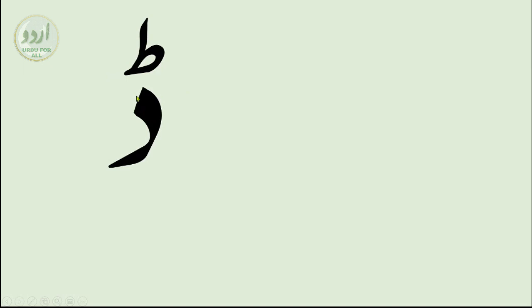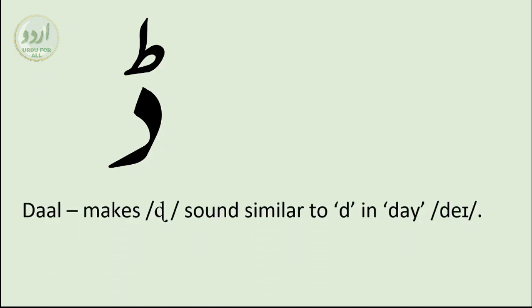Our next letter is this. This letter looks like Z, but it has no dot. It got a different symbol, and its head is different as well. It's tilted towards the left side. Now, this letter is called dal. It makes d sound, which is similar to d in day.